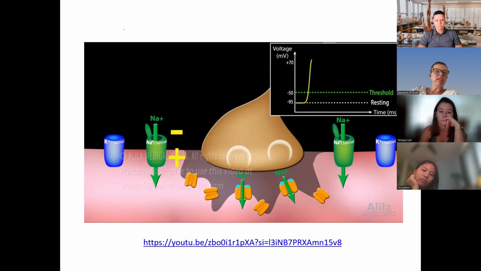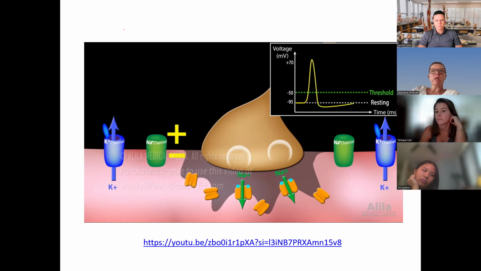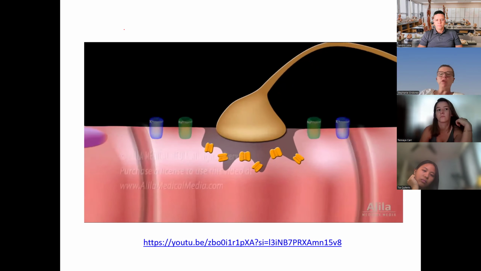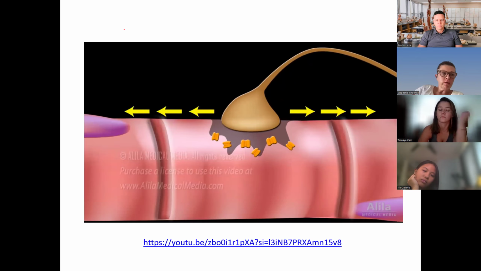At this point, voltage-gated potassium channels open for potassium to move out, quickly returning membrane voltage to its original resting value. Once generated, the action potential spreads like a wave, thanks to similar voltage-gated ion channels located throughout the muscle fiber.